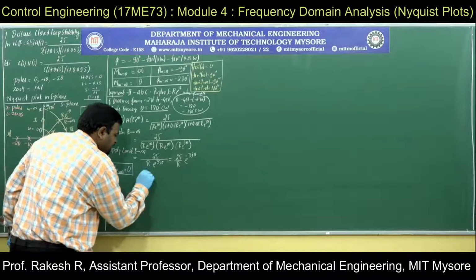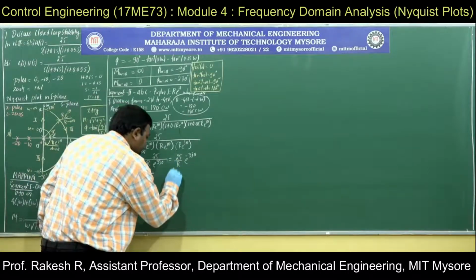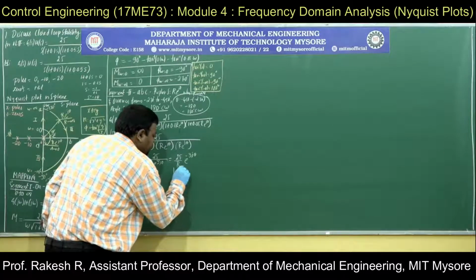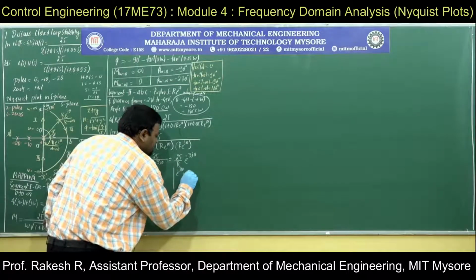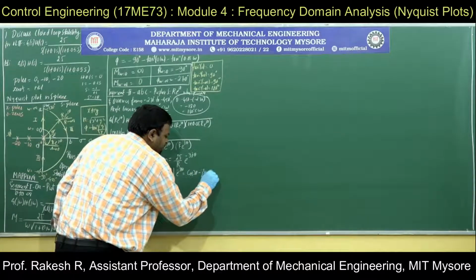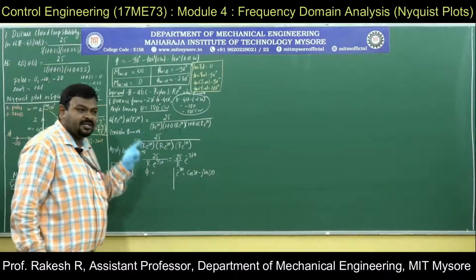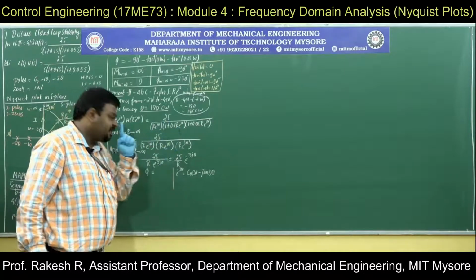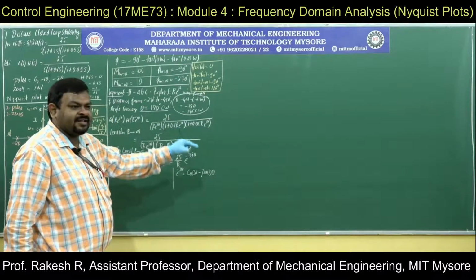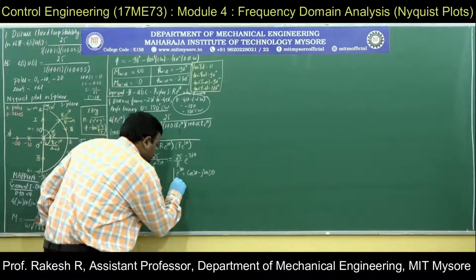And what is the phase angle? How to calculate the phase angle? Here there is e to the power of minus 3j theta. It can be written as cos 3 theta minus j sin 3 theta, like cis of minus theta, cos theta minus j sin theta. What is the phase angle here?